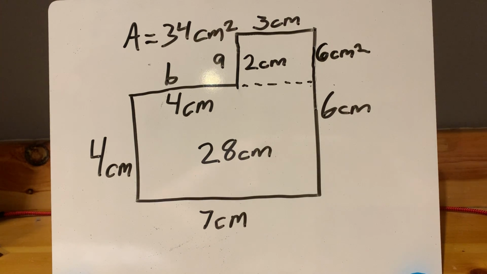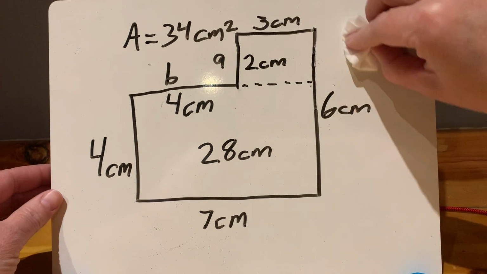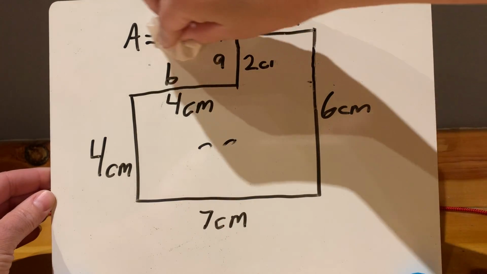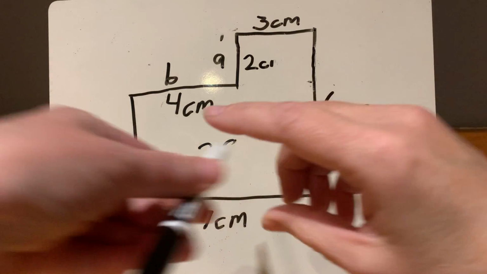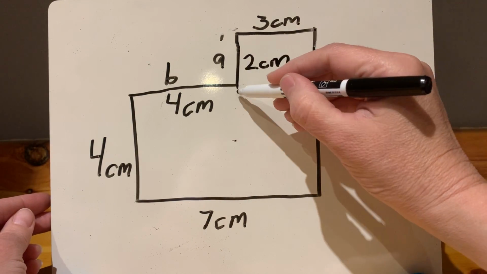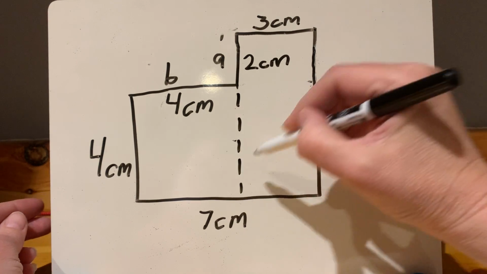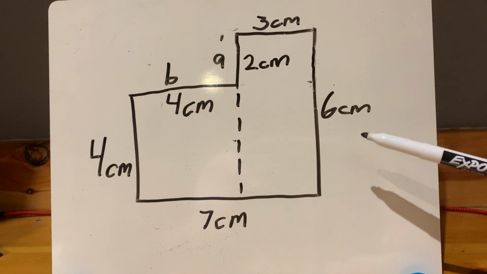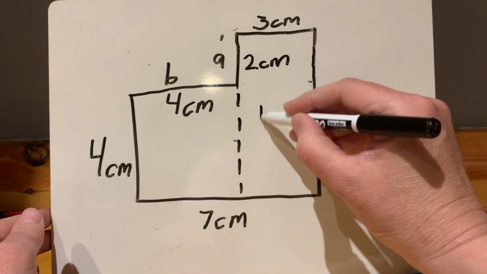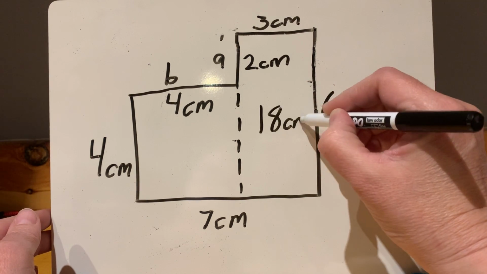Now we can also take this shape and divide it a different way. If we take this shape and divide it by extending line A, we now have a rectangle that is 6 centimeters by 3 centimeters, giving us an area of 18 centimeters squared.